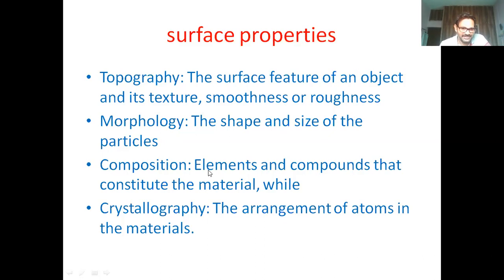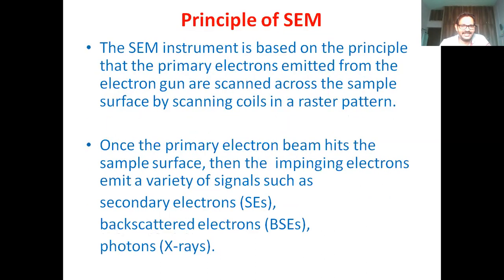The composition, what are the elements and compounds that constitute the material. And the next one is crystallography, the arrangement of atoms in the material. The topography, morphology, composition, and crystallography information of the surface is what we get while using a scanning electron microscope.